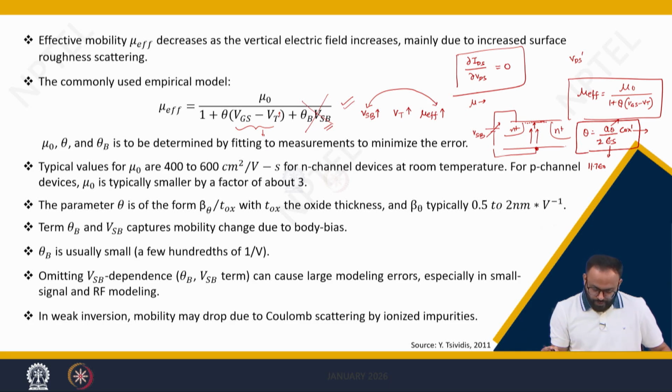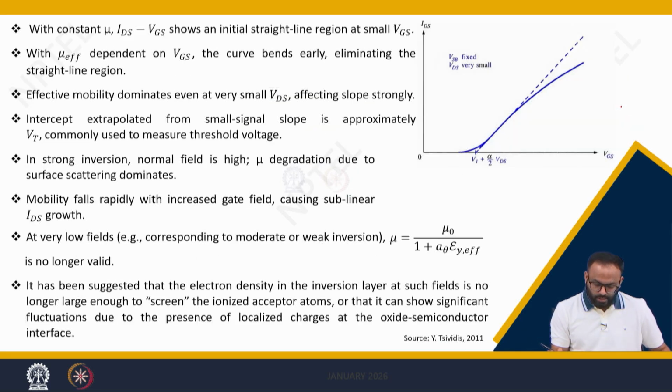If I go further and check the current equation, what is the current in saturation? It is approximately proportional to Vgs minus Vt whole square, and in this term there is a mobility, Cox W divided by L divided by 2 alpha.